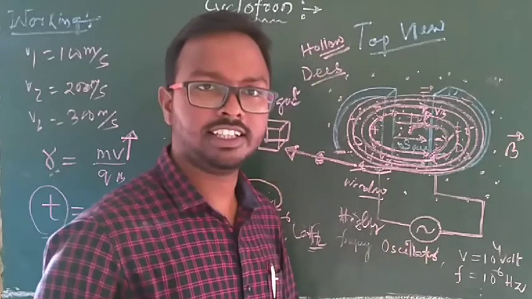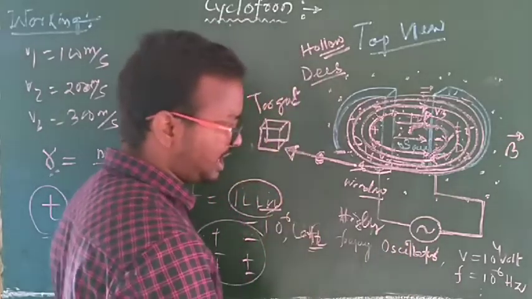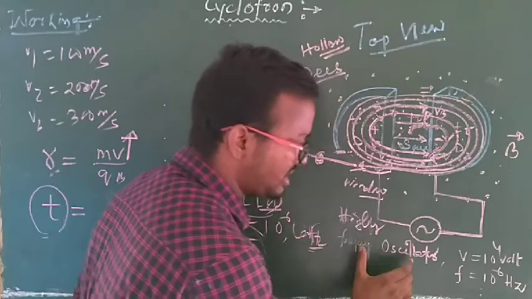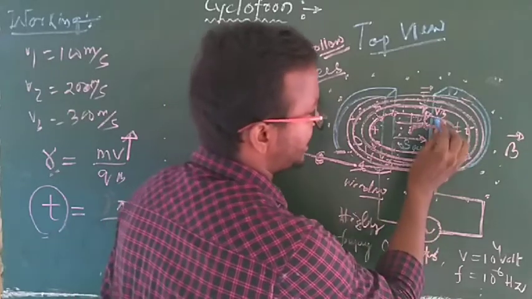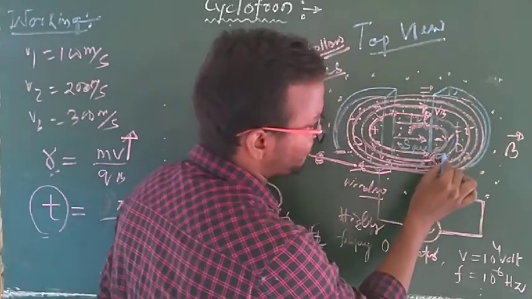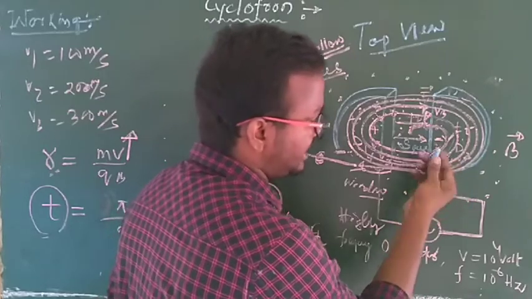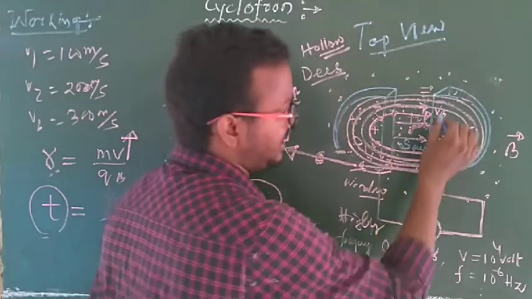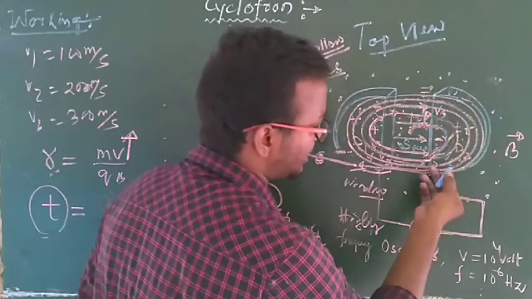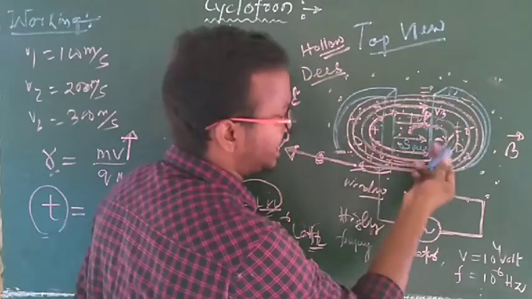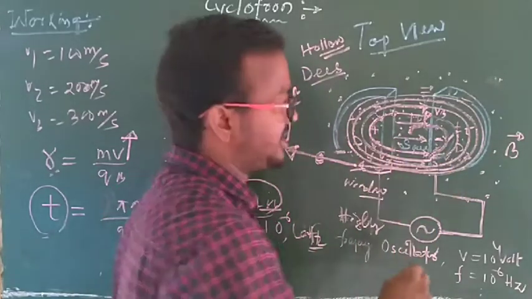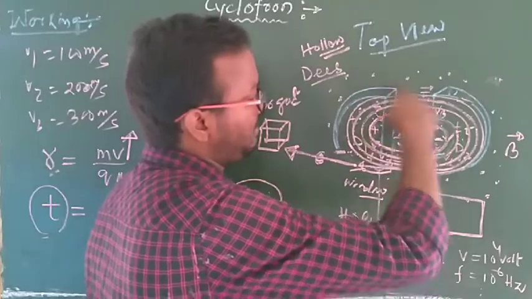We need a high oscillator frequency here. Clear? Another important point is that we have to set the frequency in such a way that when the charged particle just comes out from the disk, it changes its polarity. If this is positive, then it changes to negative, and here positive, negative, positive, negative, positive, and the charged particle makes a circular path in this way.